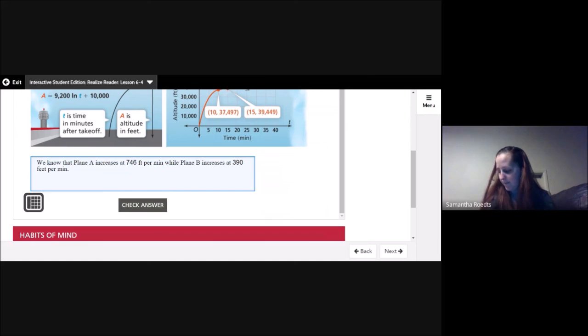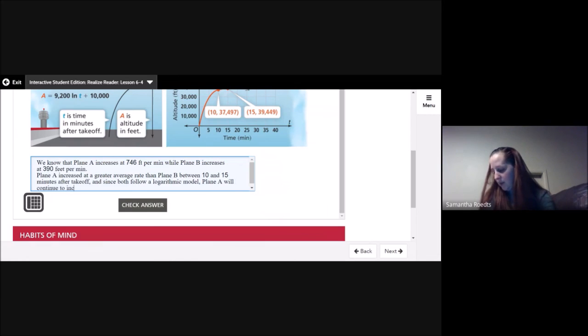So plane A increased at a greater average rate than plane B between 10 and 15 minutes after takeoff, and since both follow a logarithmic model, plane A will continue to increase at a greater average rate.